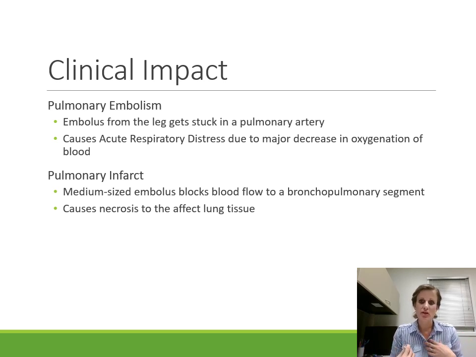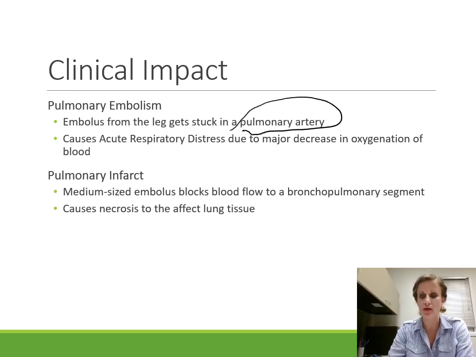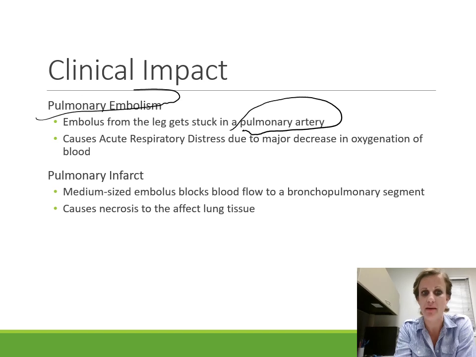The vessels in the lungs are smaller than the vessels that the embolus has been traveling through, so the embolus can get caught or lodged in the pulmonary arteries or the pulmonary vessels. If a large embolus from the leg gets stuck in a pulmonary artery, that's blocking a lot of blood flow, and we call that a pulmonary embolism.